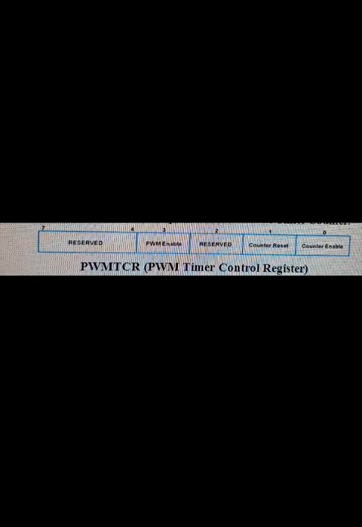Bit 0 is the counter enable: when it is 1, the PWM timer counter and the PWM prescale counter are enabled, whereas when bit 0 is 0, the counters are disabled. When bit 1 is set, the PWM timer counter and the PWM prescale counter are synchronously reset, and the counters remain reset until this bit is returned to 0. Bit number 3 is the PWM enable. This bit always needs to be 1 for PWM operation, otherwise the PWM will operate as a normal timer. When this bit is 1, the PWM mode is enabled.